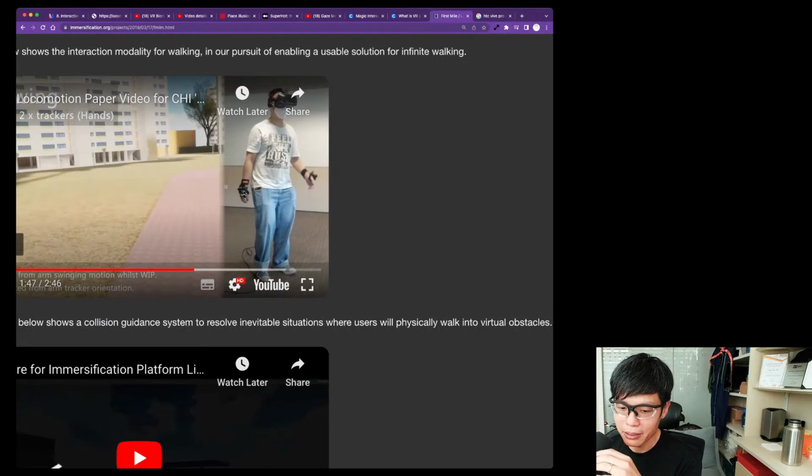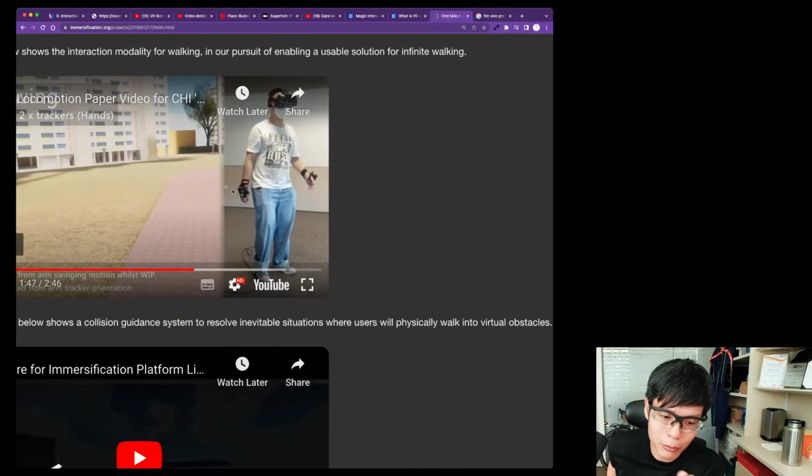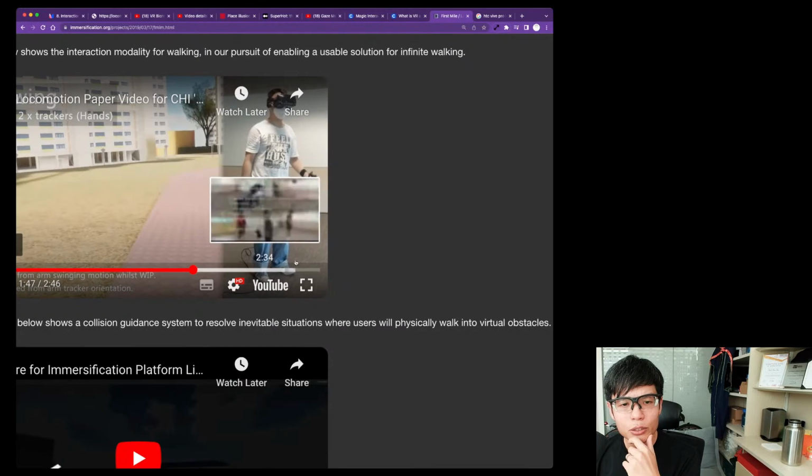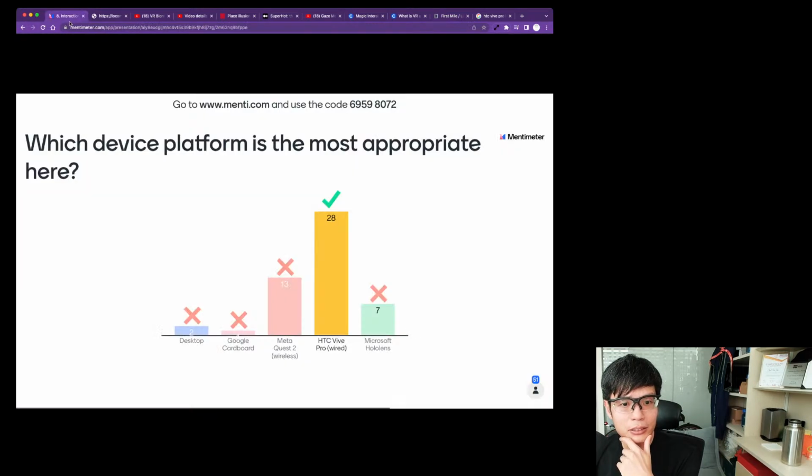I'm saying cannot, but recently there are some machine learning algorithms that allow it to guess where your hands are because it just has some learning mechanism to do so. But it's just not the same as tracking the real thing moving to the back where your headset cannot see, but the external trackers can see. Similarly for the legs and stuff. So therefore, we need external tracking for such kind of use cases. And which is why HTC Vive Pro is chosen.